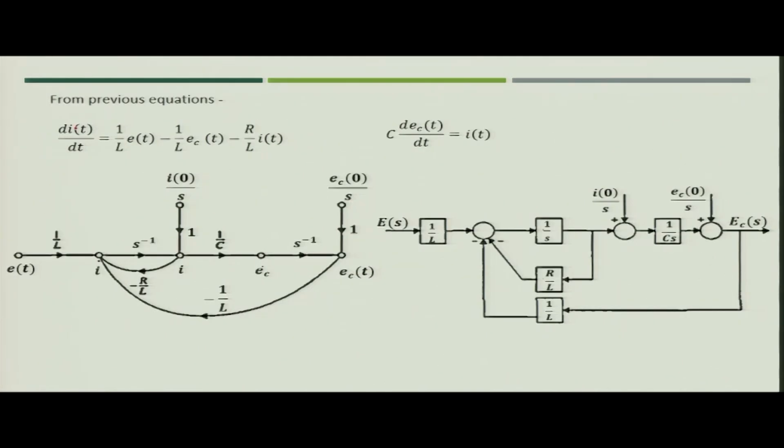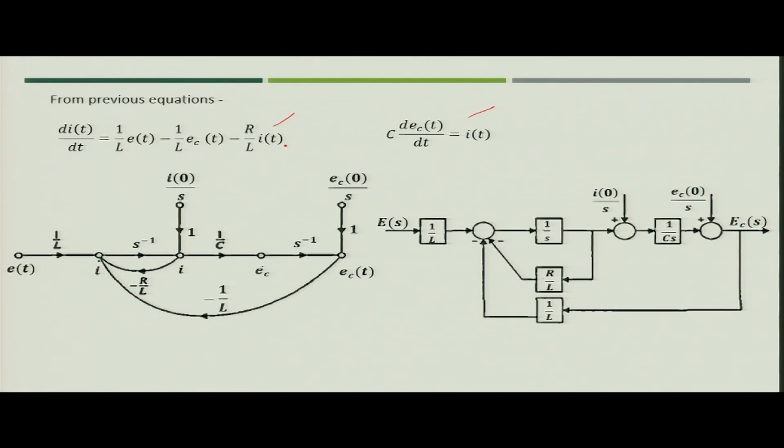We can write di/dt is nothing but 1/L E minus 1/L Ec minus R/L I. This is the first equation, and second we already have, that is C dEc/dt is equal to I.